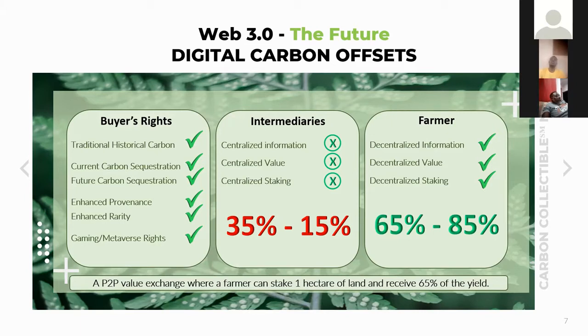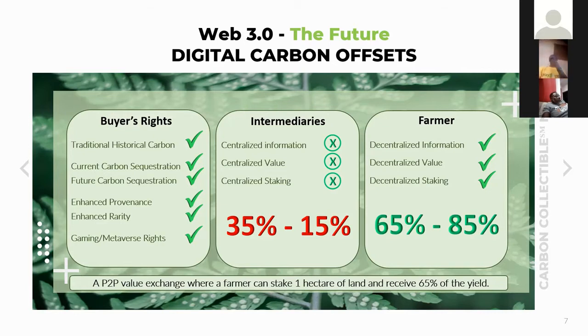And what we do is we effectively eliminate all of the standard intermediaries. That drives down the value that's extracted by the intermediaries to 35% or 15%, which means we're decentralizing the information, we're decentralizing the value, and we're allowing these farmers to stake 1 hectare of land onto our platform.